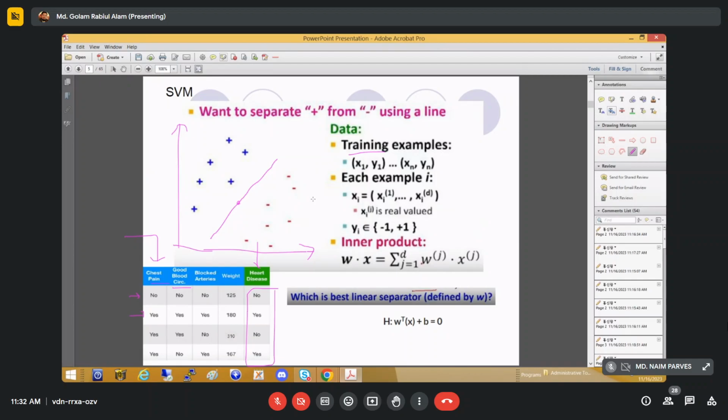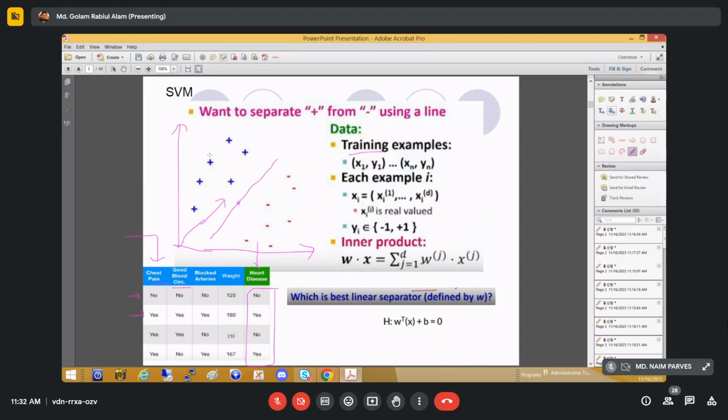If we have 3-dimensional data, that means we have x, y, and z axes.